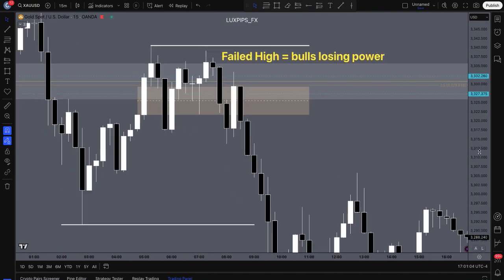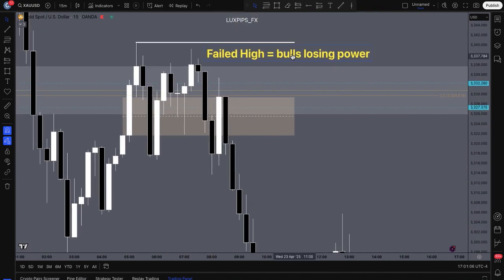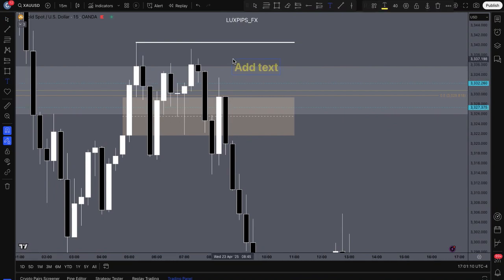Zoom in just a little bit. We can also see another 2 sets of failure to CE. This is a fractal price.